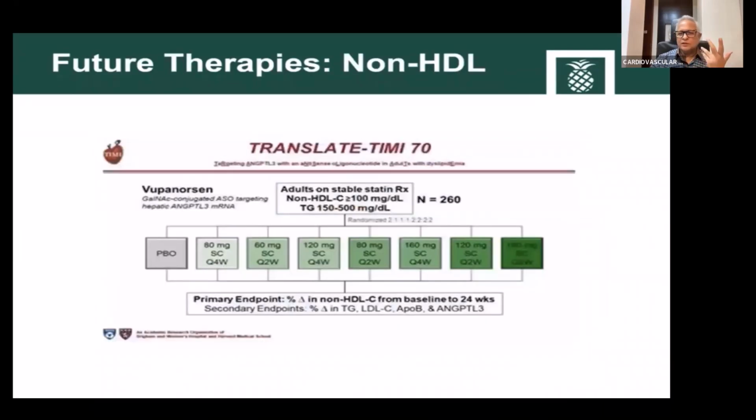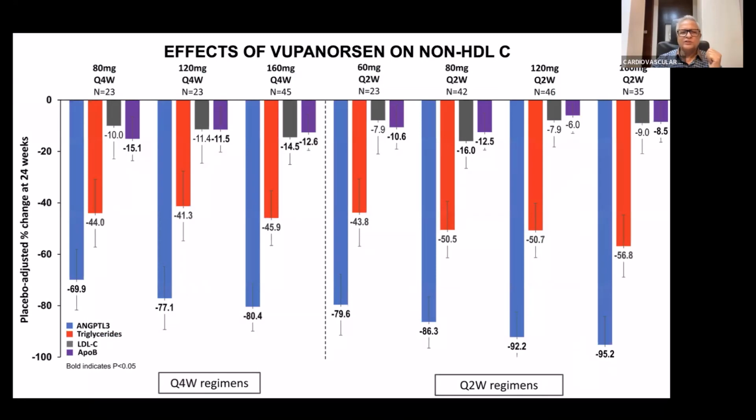Now, another risk factor I told you, non-HDL-C: if it doesn't reduce with available oral drug therapy, then we have to go for some newer drug. Research has come out with a microRNA drug, vupanorsen, and its effects are remarkable.